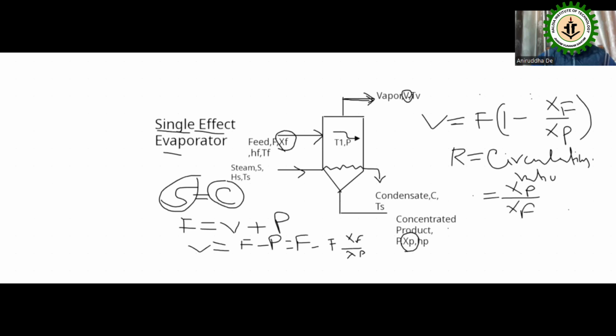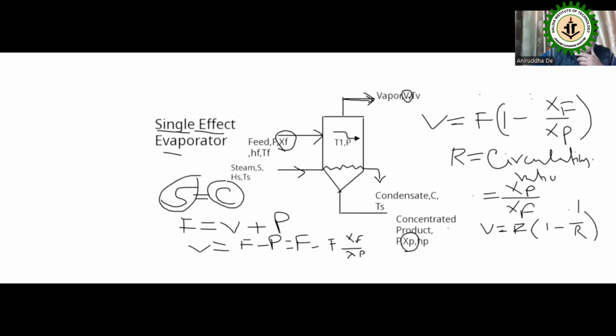So V is equal to F into 1 minus 1 by R, where 1 by R is XF by XP.